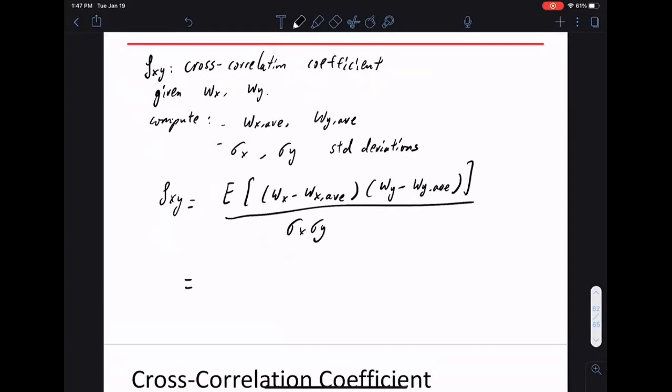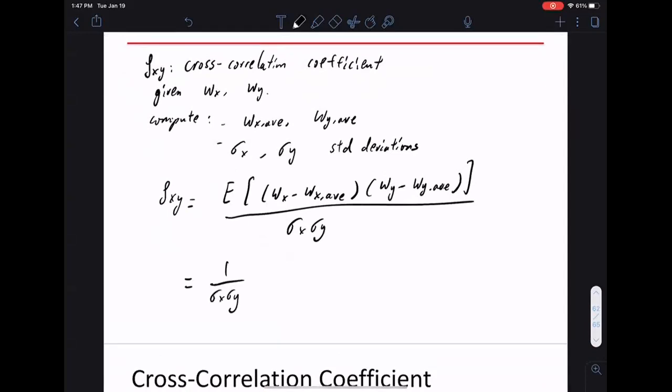But we can expand this into a sum over all the possibilities, using the joint probability. If you have the table of probabilities, it's given by this equation. Given the joint probability, we plug it into this equation, and we can compute everything here and everything here.